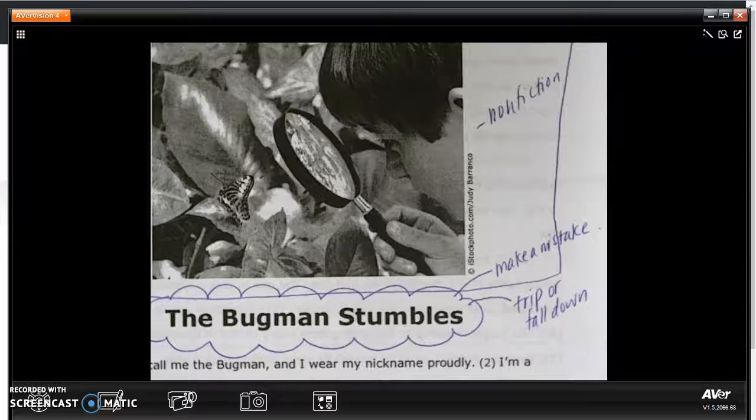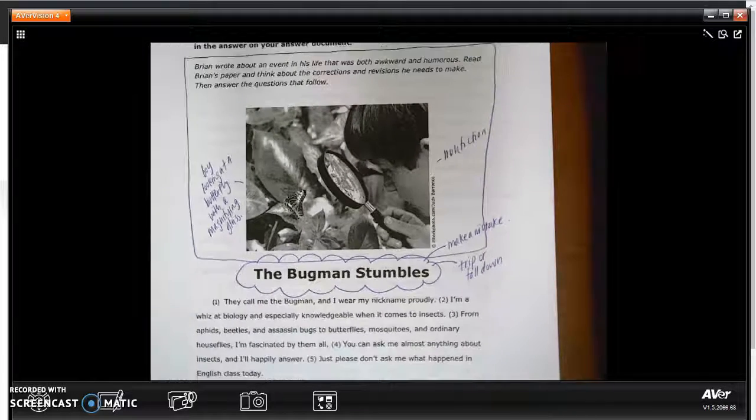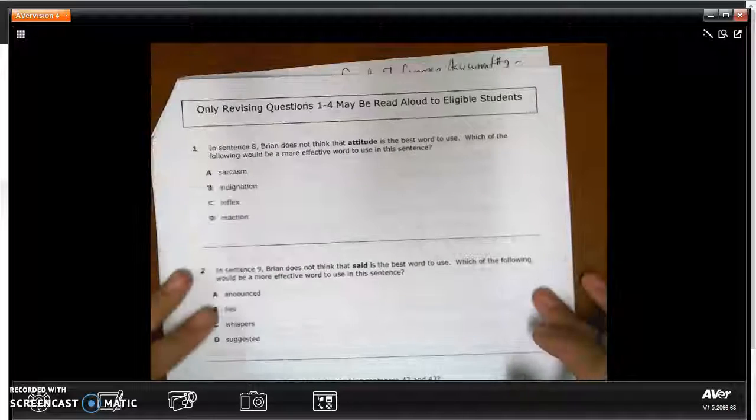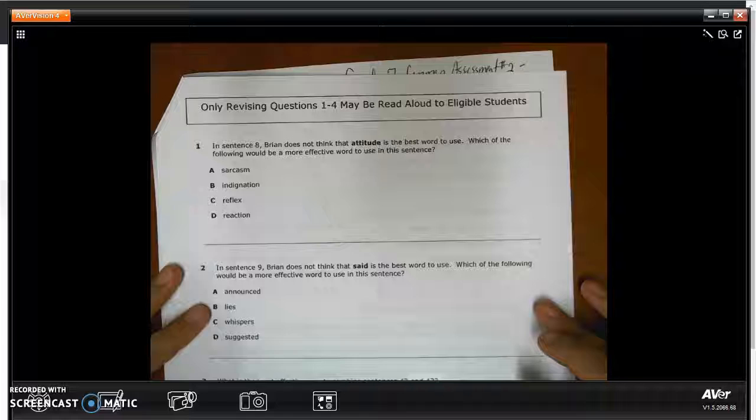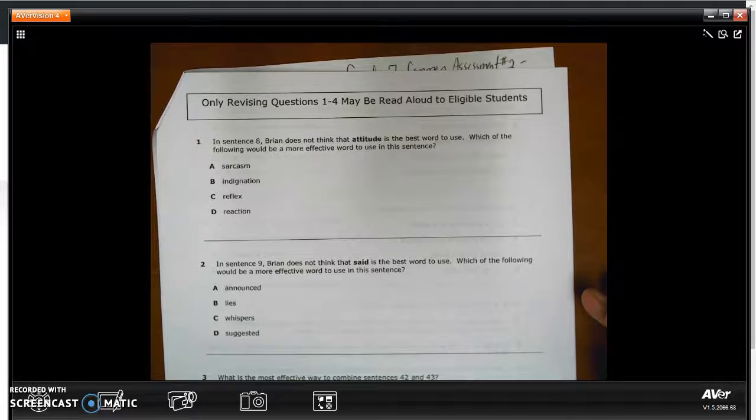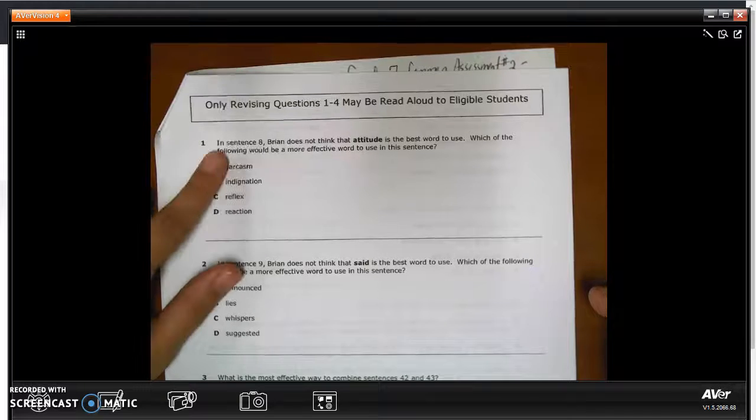So now I'm going to go to my questions. Question 1 says, in sentence 8, Brian does not think that attitude is the best word to use. Which of the following would be a more effective word to use in this sentence? So it says in sentence 8.